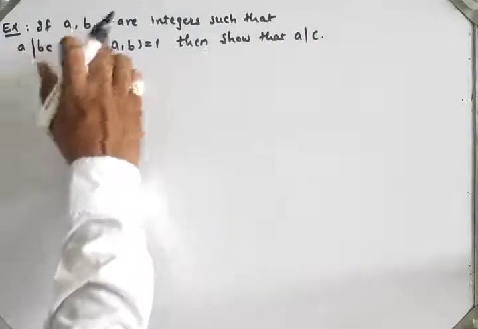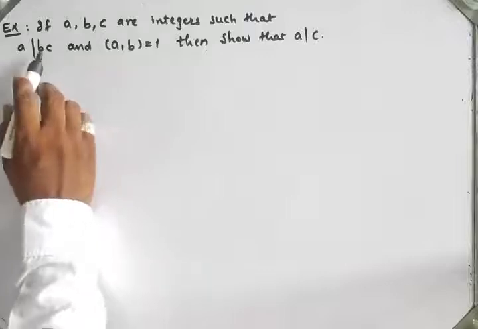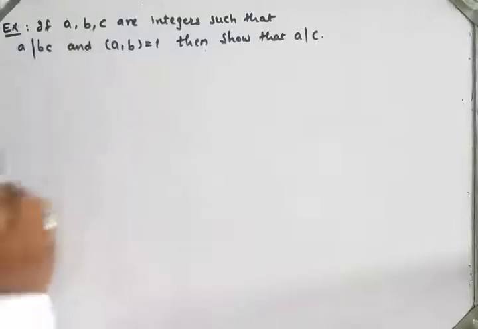So we are given three integers a, b, c, and what are we given? a divides the product bc and GCD of a and b is equal to 1. Then we have to show that a divides c.